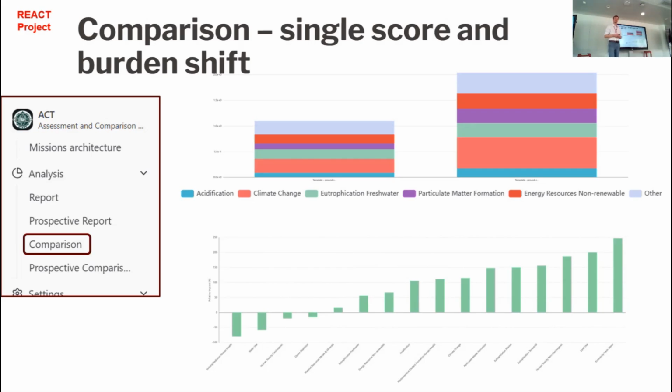And to highlight burden shift, you have this plot on the bottom of the slide to maybe see that some indicators get improved by making eco-design decisions, but maybe also it shifts the impact to another indicator, so you can see this with this type of plots.